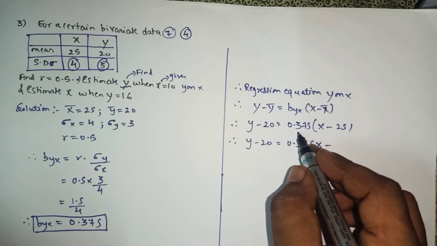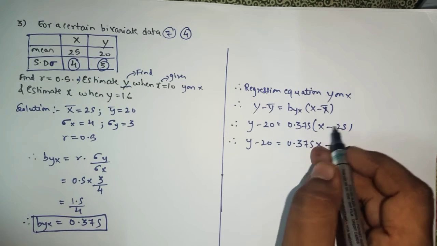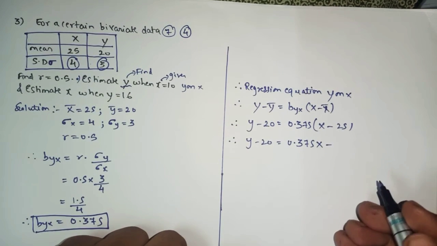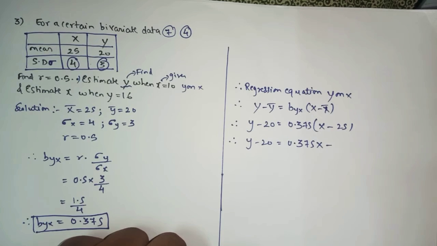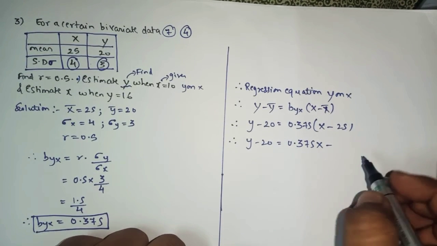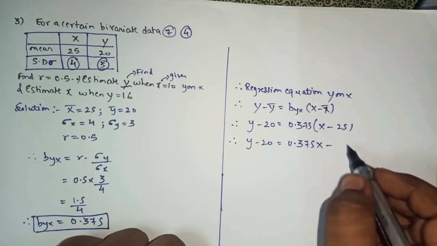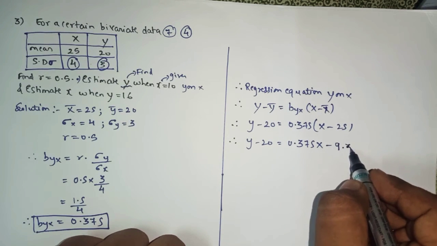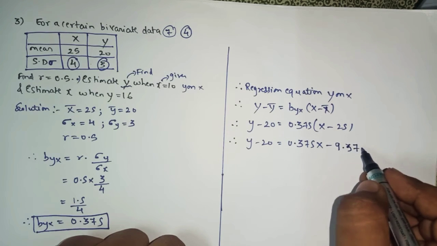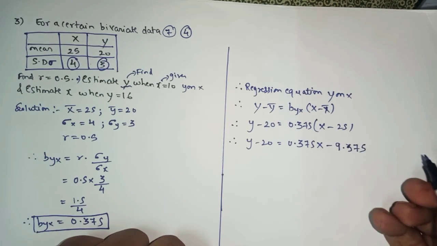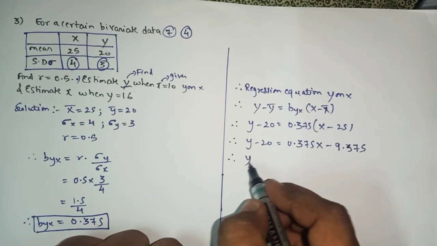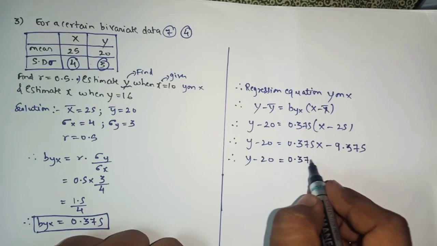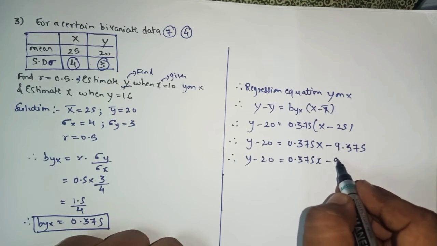When you multiply 25 into 0.375, you get 9.375. So y minus 20 equals 0.375x minus 9.375.